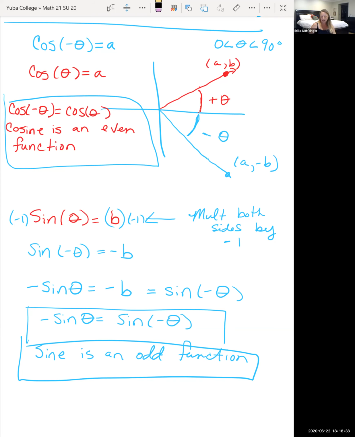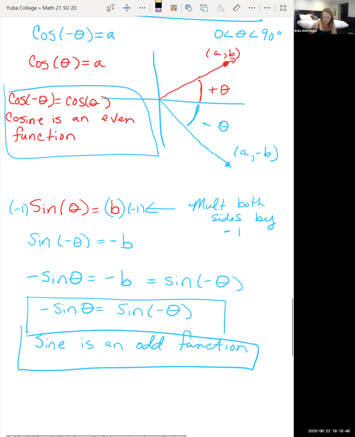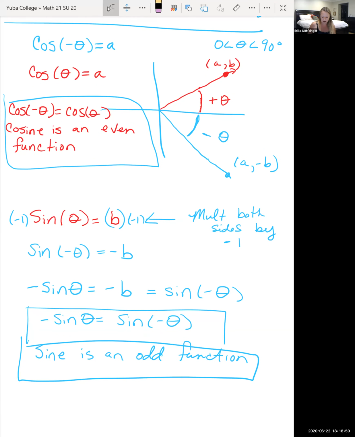And since all the other trig functions are in terms of cosine and sine, we can determine if they're odd or even. Okay. So questions on that? I'm kind of reading your comments.